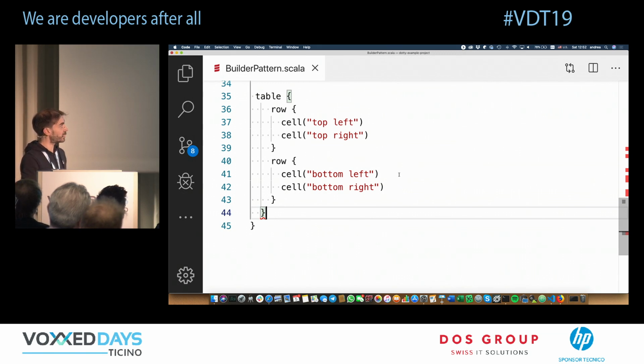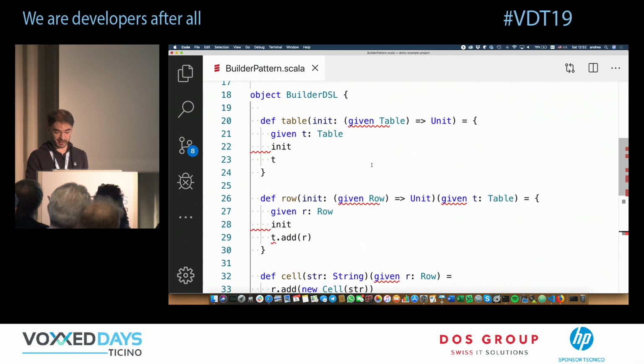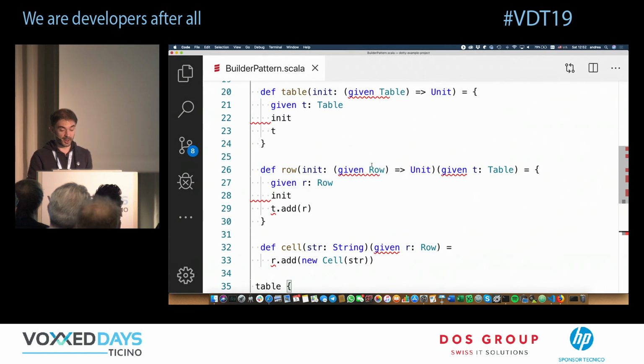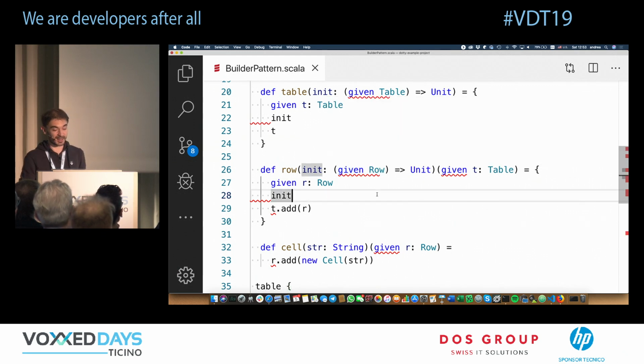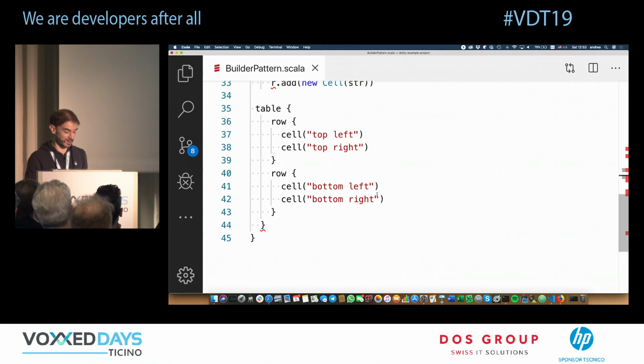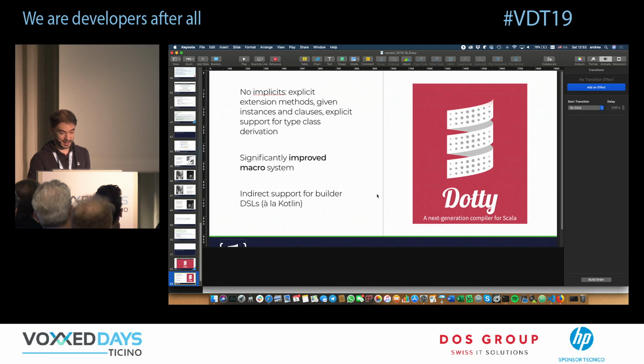Or you can describe the construction of complex objects in a more fluent way. Here I have table, rows, and cell indented in some way. I have some problem with the specific version of Dotty, so it's not compiling completely. It's compiling, but the IDE is complaining, probably because we touched the extension too much. But the idea is exactly this. You have some new constructs that will allow you to do this in a very elegant way. But this is like a teaser. So I'm essentially finished.